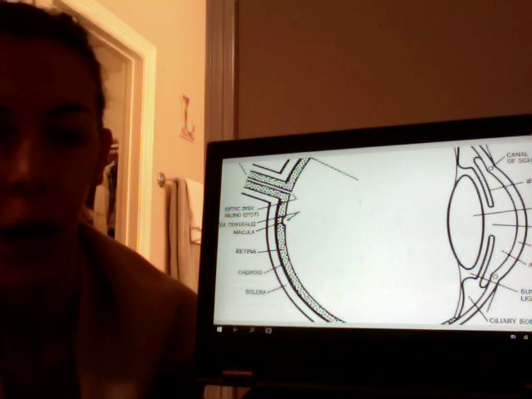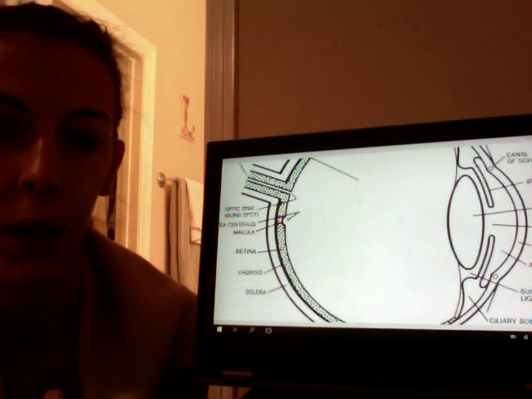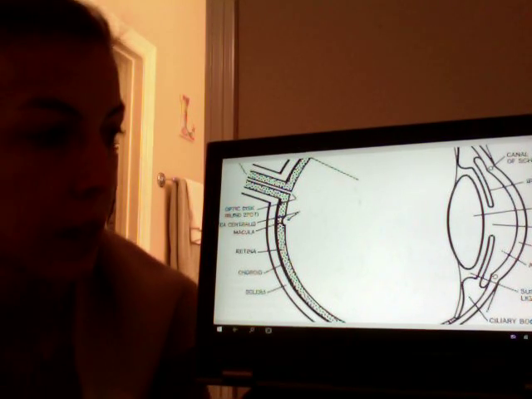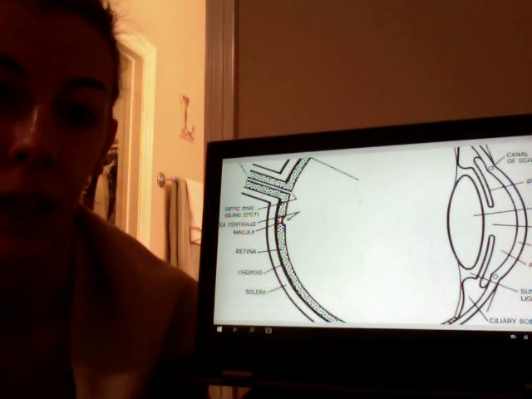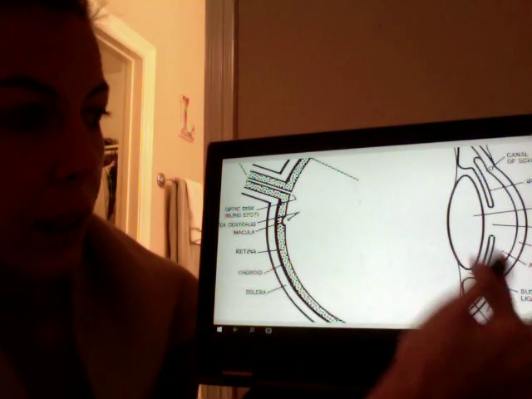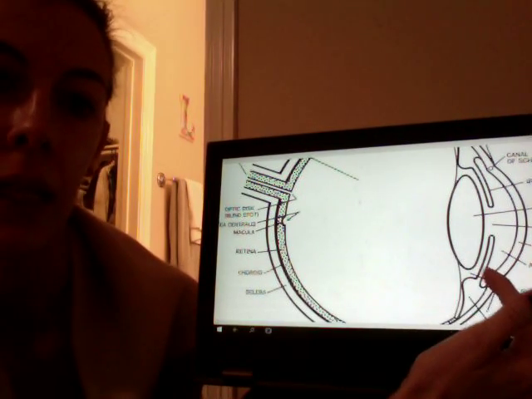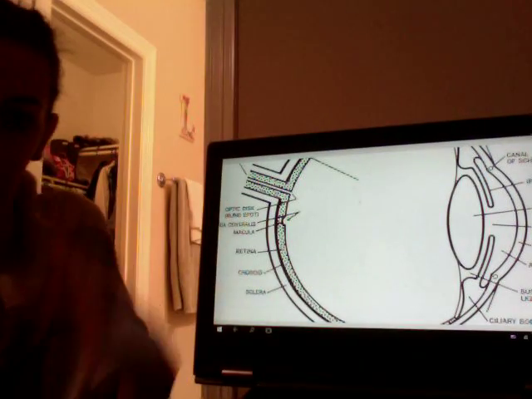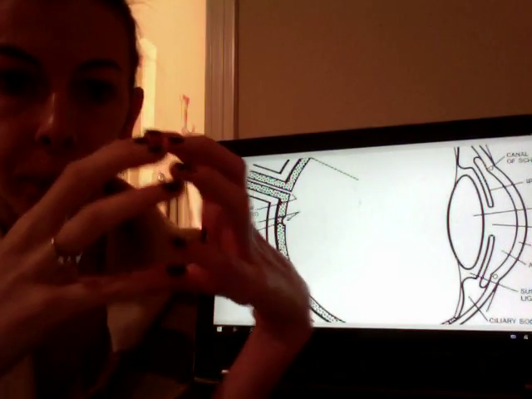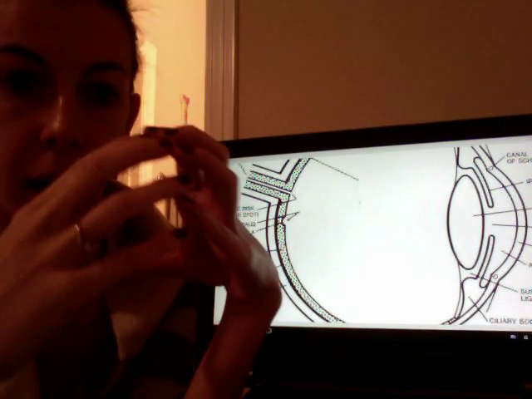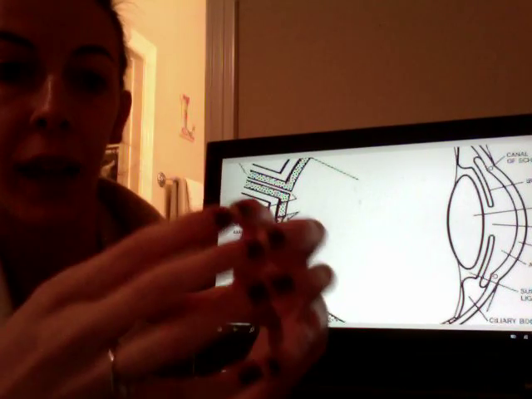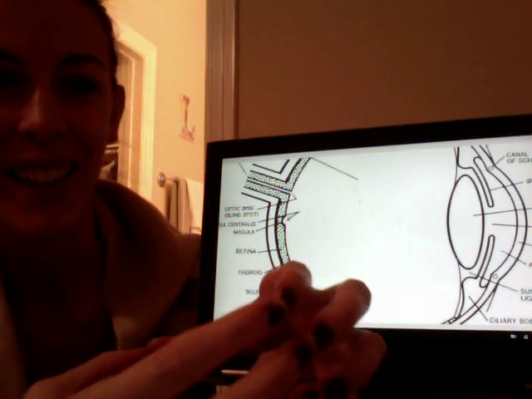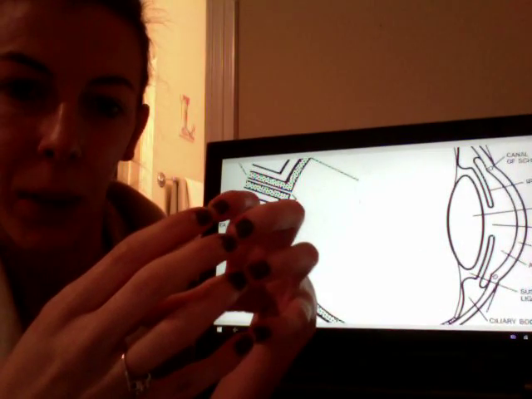When you're trying to focus on something that's close up, your ciliary body will contract. In response, the suspensory ligaments that connect the ciliary body to the lens will make the lens more constricted. This helps us focus on objects that are closer up. It refracts the light in such a way that we can see those objects a little bit better.